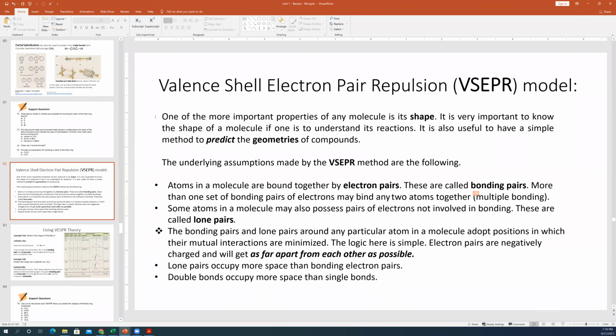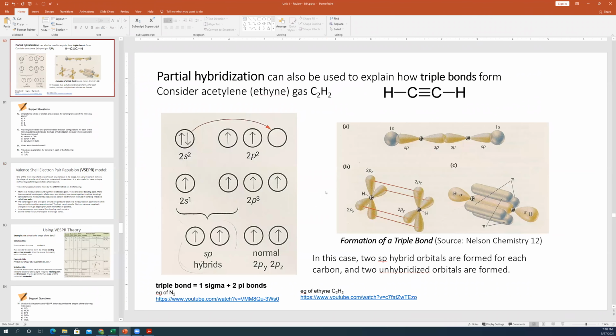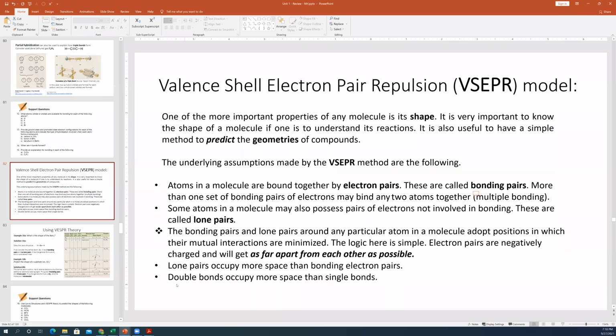Then some of the atoms in the molecule can have pairs of electrons that are not involved in bonding, and these are called lone pairs. For example, in the molecule of water, you have some lone pairs of electrons on the oxygen that are not involved in bonding with hydrogen.